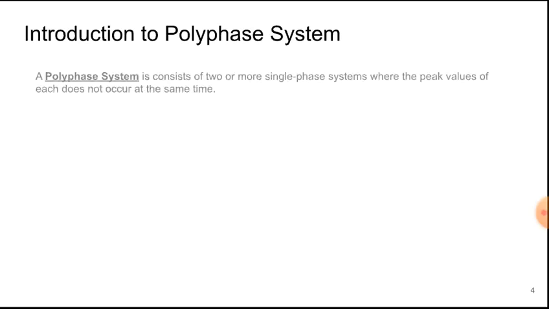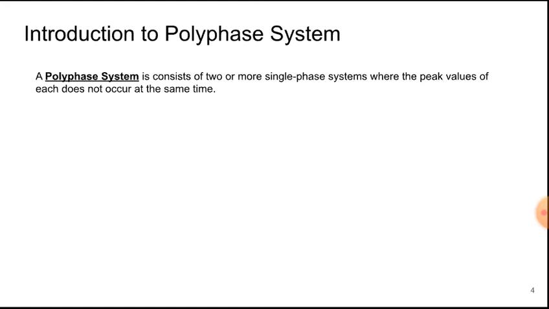So first, what is a polyphase system? A polyphase system consists of two or more single-phase systems where the peak values of each do not occur at the same time. In Electrical Circuits 1, chapter 1 and also chapter 2, the alternating currents or voltages that we discussed are known as single phase.